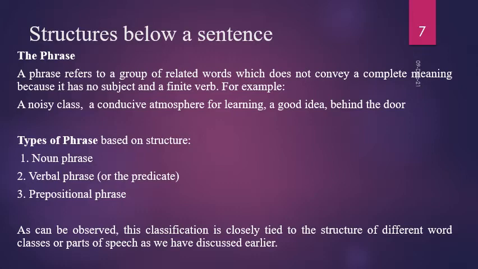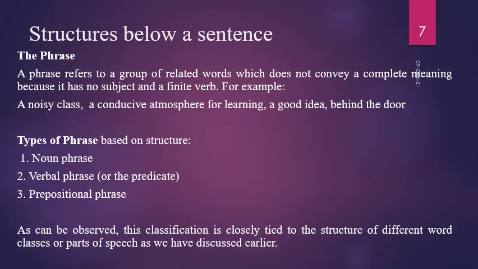A phrase is a structure below a sentence. A phrase refers to a group of related words which does not convey a complete meaning because it has no subject and finite verb.